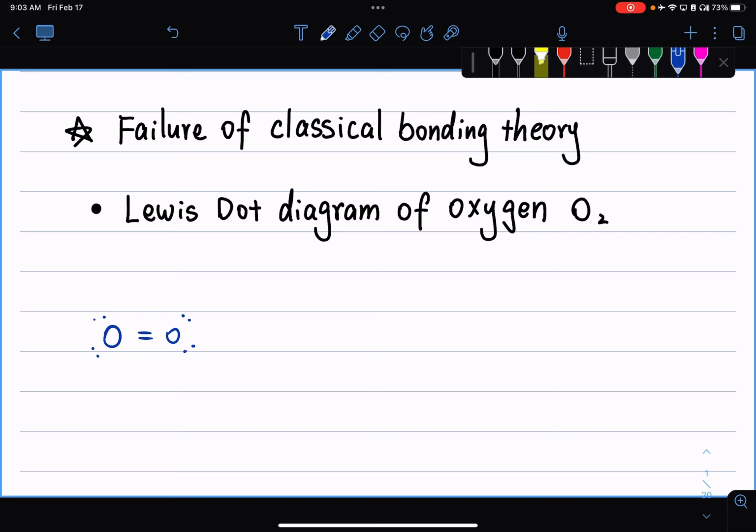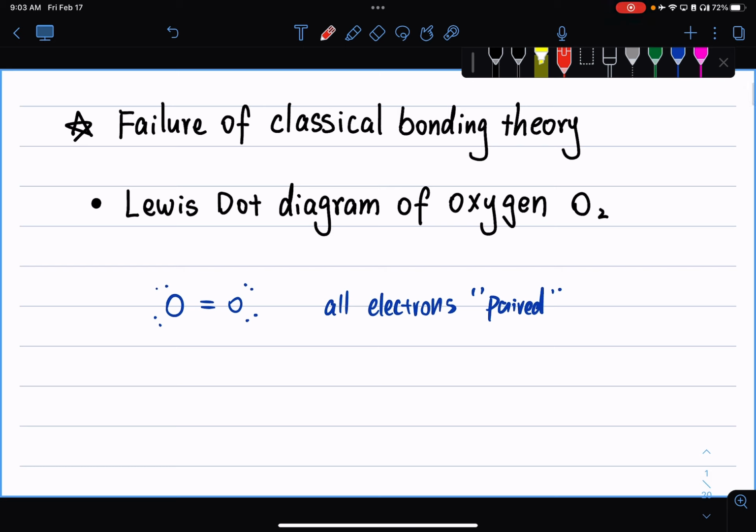Or the other way to put it is that all electrons are paired in this Lewis-Dot diagram. However, we talked about paramagnetism and diamagnetism when we were talking about electron pairs, right?